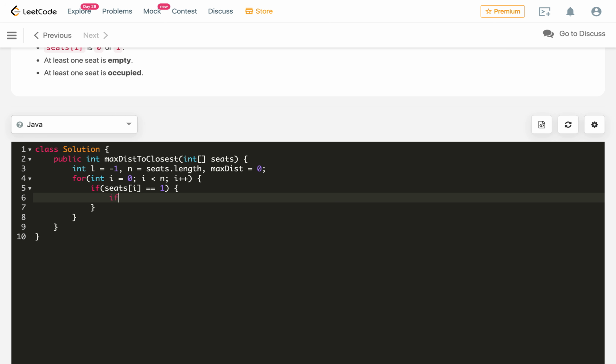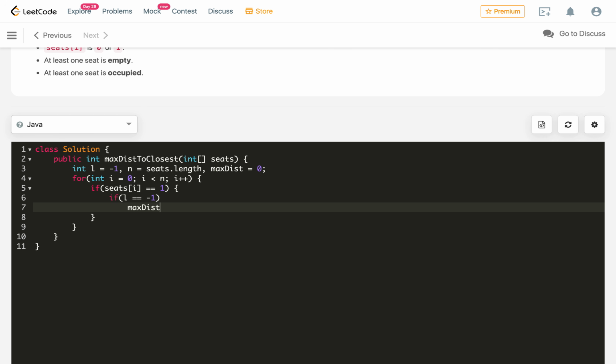Now we check the first case: if L is -1, like starting zeros. In that case we take max dist as Math.max of max dist and i.